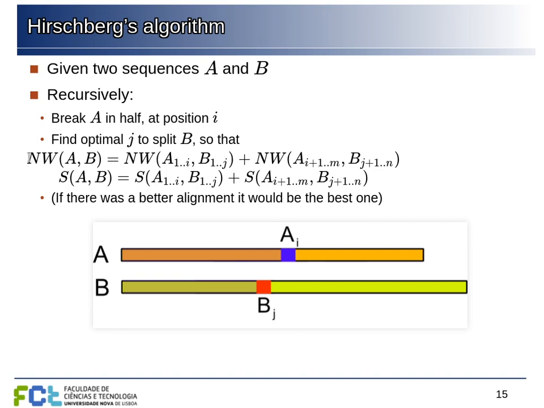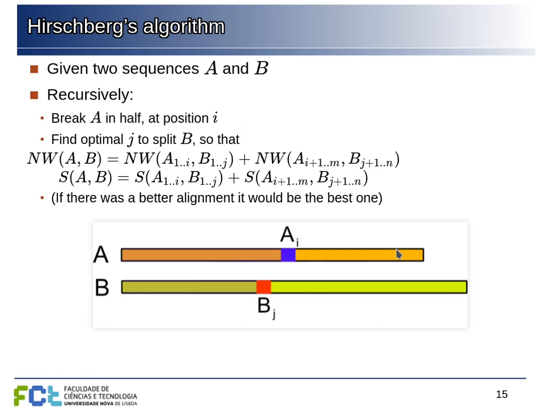Also, if we find the correct J for this, then the score for the global alignment will be the sum of the scores for these two alignments, the alignment before and the alignment after this split. Because if any of these sub-alignments could be better, then we would just replace that in the optimal alignment and we would have a new optimal alignment.